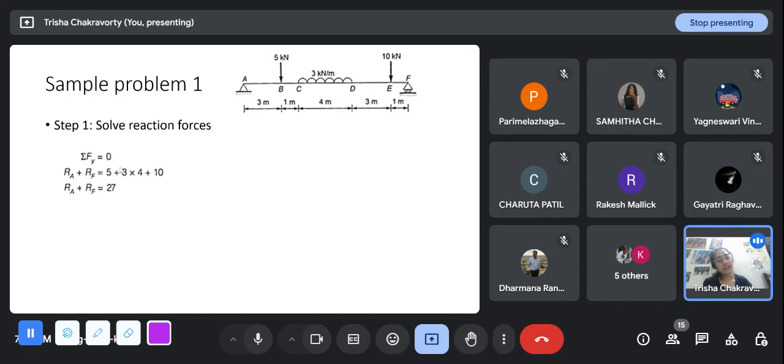I've got one equation. And what is the other equation I have in 2D? Sigma Fx equal to 0 is a redundant equation because there is no axial force. We know that this hinge support can provide a reaction in the x direction, but that will be 0 because there is no load.